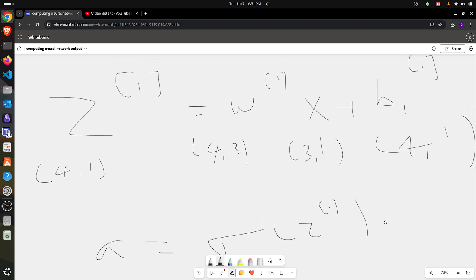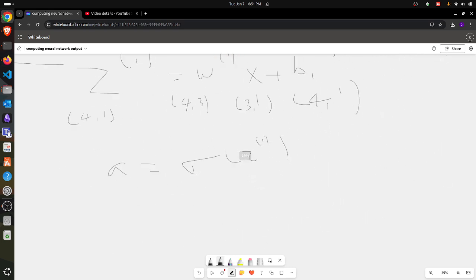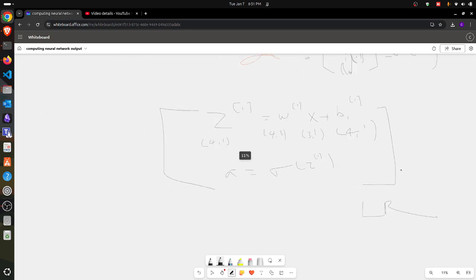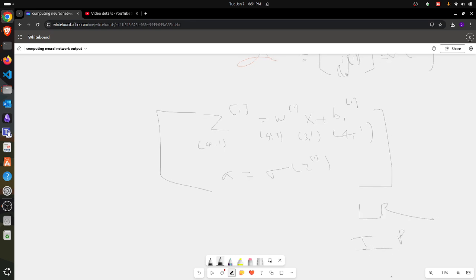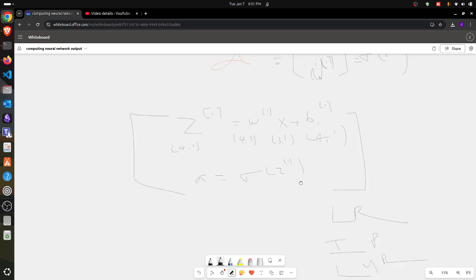Now this is going to be logistic regression for input layer. That's how it will look like.